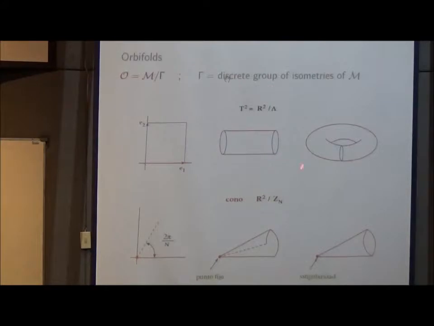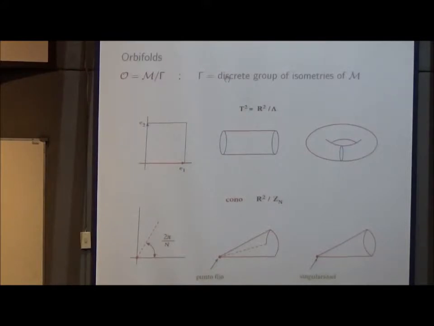Okay. So the torus is an orbifold. It's an orbifold that is smooth, that has no singularity. But this is because the group of translations doesn't have fixed points. Okay. You can also have orbifolds with fixed points. An example is, this is in Spanish, but you have a cone, and here you take the quotient by a symmetry, which is just a rotation by 2 pi over n.